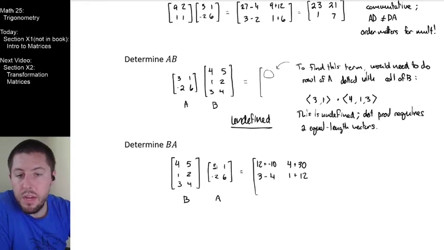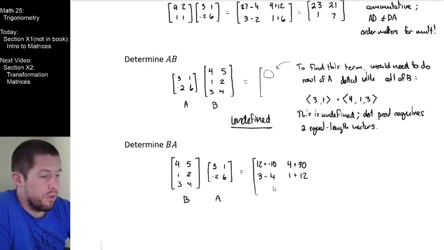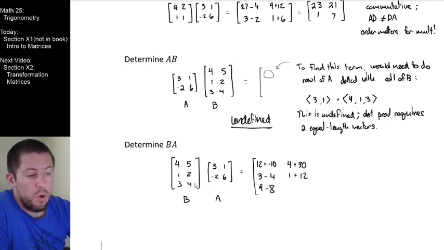That's 3 times 3 and 4 times negative 2. That's 9 plus negative 8. And as our final slot, row 3, column 2 places us over here. 3 times 1 is 3. 4 times 6 is 24.